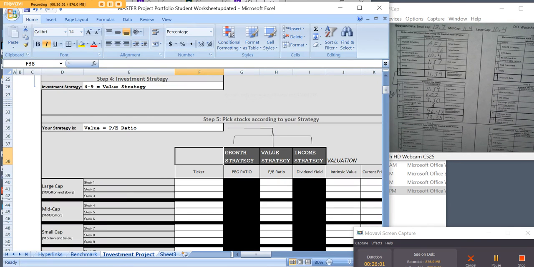So I'm going to go into my Excel spreadsheet, and for a large cap company, I'm going to start entering in this information. So for the ticker symbol, it's AFL. Okay, we got that from up here. The P/E ratio is 11.96.